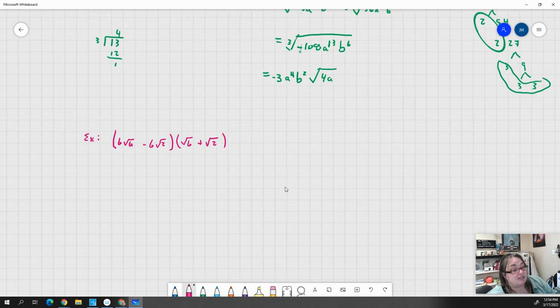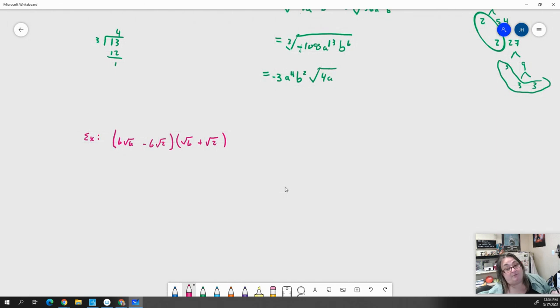This is going to work just like anytime we multiply any binomials. It's just our numbers are going to get a little crazy and we're going to have to reduce them. We're going to start by taking this piece right here and we're going to multiply it by each of these. So I'm going to go 6 rad 6 times radical 6. So that's going to be 6 times radical 6 times radical 6, right? And we'll figure out the math part of that afterwards.